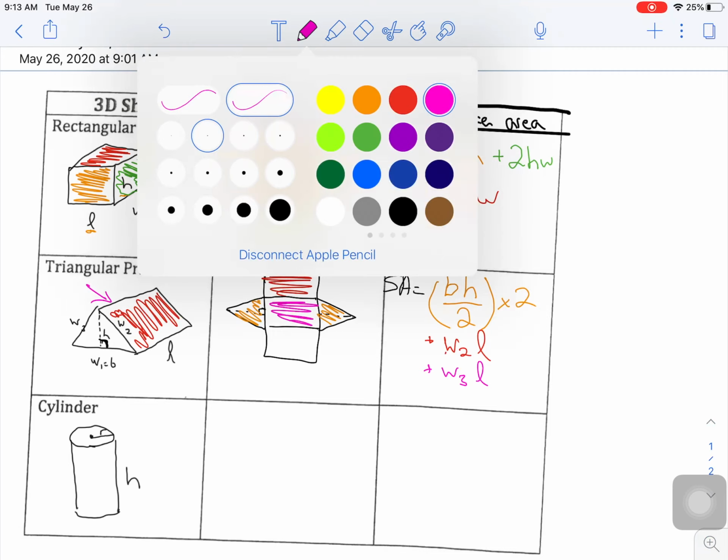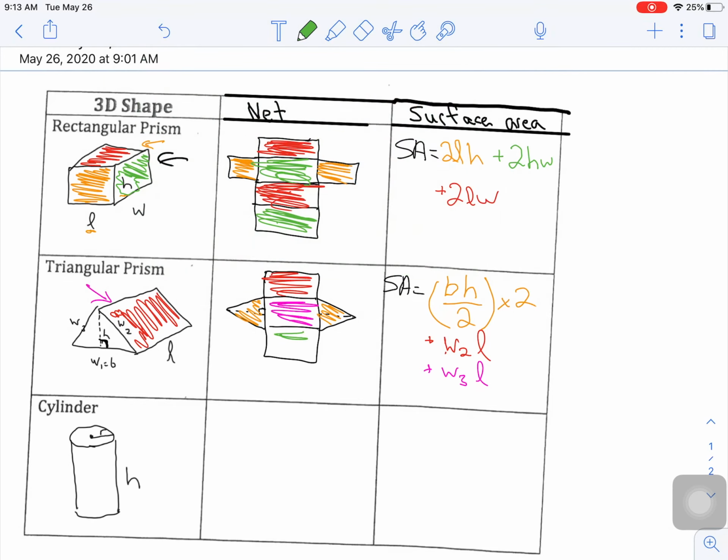And lastly, we have a green side on the bottom here, which would be width 1, or the base. I say they're the same length, it doesn't matter. So plus width 1 times length. And that's going to find our surface area of our triangular prism.